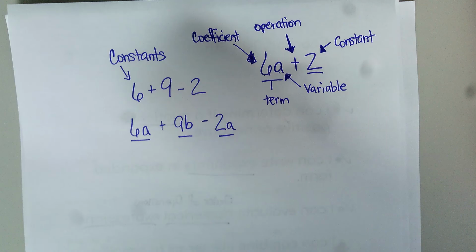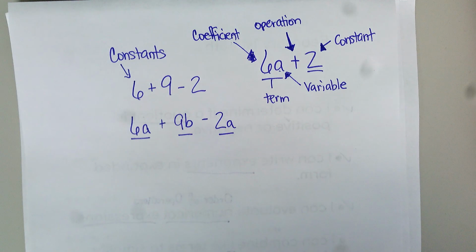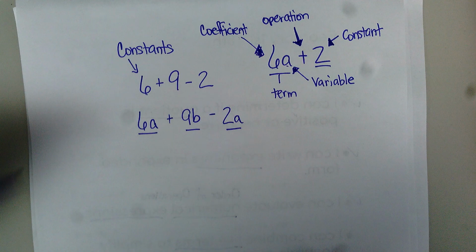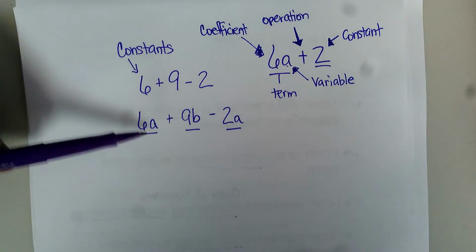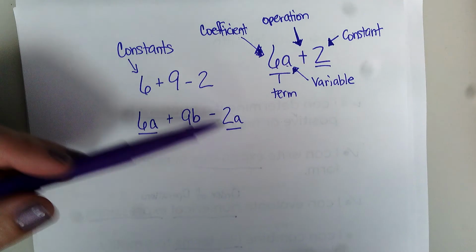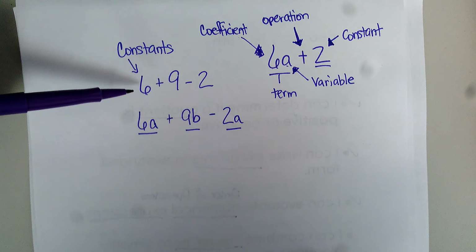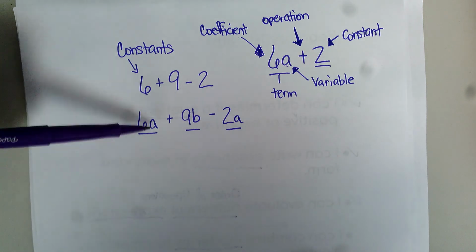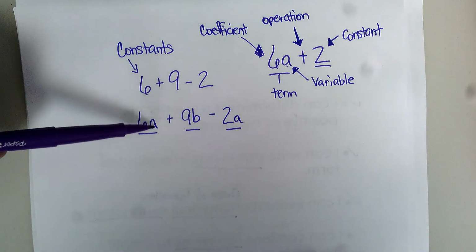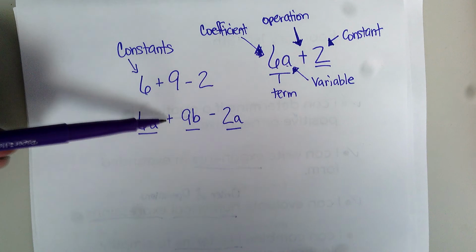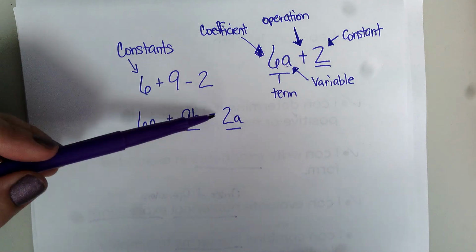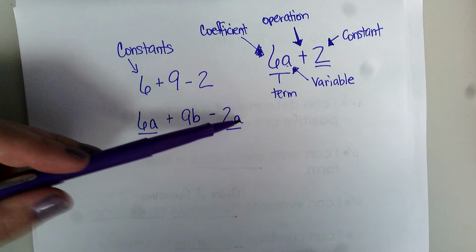And the operation in between is just your add, subtract, multiply or divide. Okay? So when we're looking at this, we have 6a plus 9b minus 2a. They're no longer like terms. They're not all numbers anymore. We have variables. So we have a coefficient and a variable, an operation, a coefficient, a variable, an operation, a coefficient, a variable.